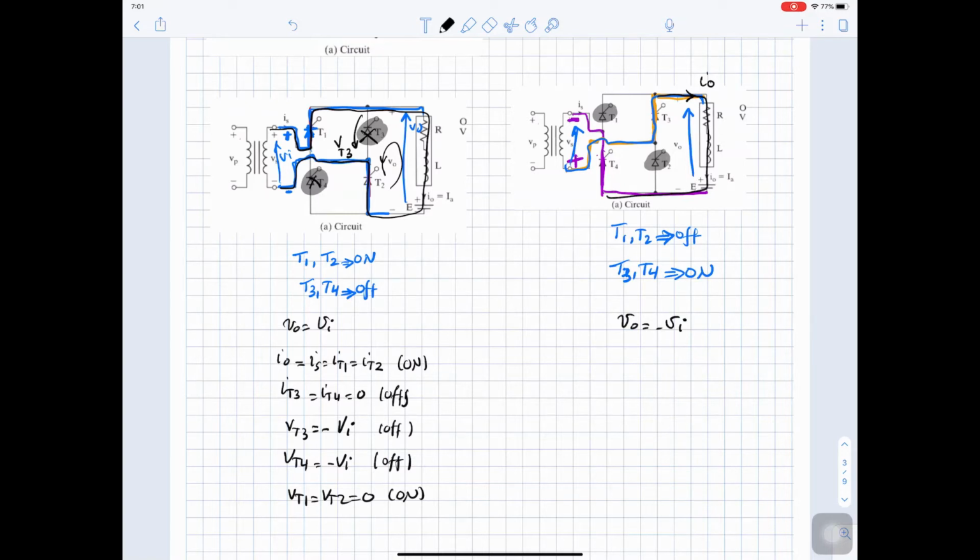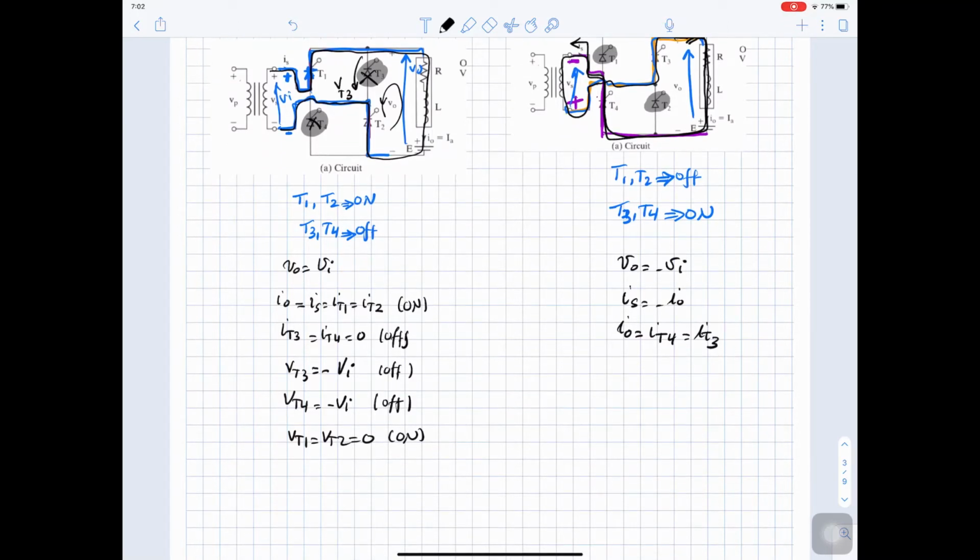So I out goes through the thyristor and flows in the negative direction at the input. So I source equals negative I out equals I thyristor 4 equals I thyristor 3. I out will flow here, going through thyristor 4, going through the input in reverse direction, then it goes through thyristor 3.